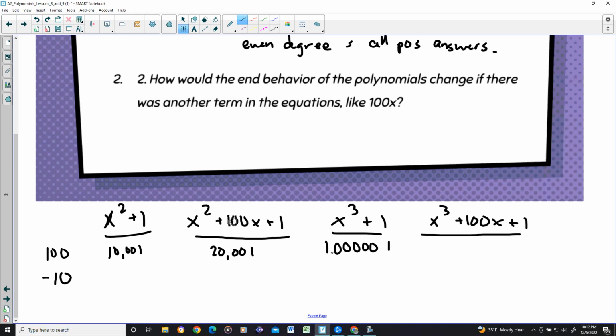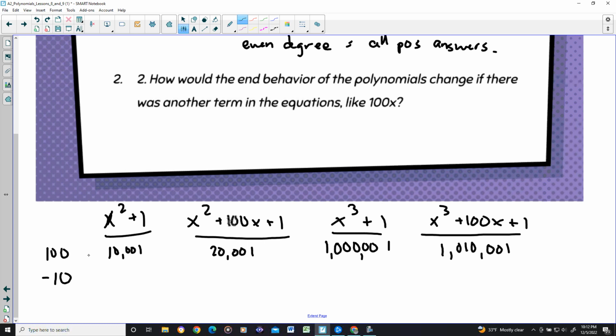Still a very positive number. And then x to the third plus 100x plus 1. Now we have 1,000,000, but we're adding again, we're adding 10,000. So it's 1,010,001. So when you add the 100x term, they remain positive.